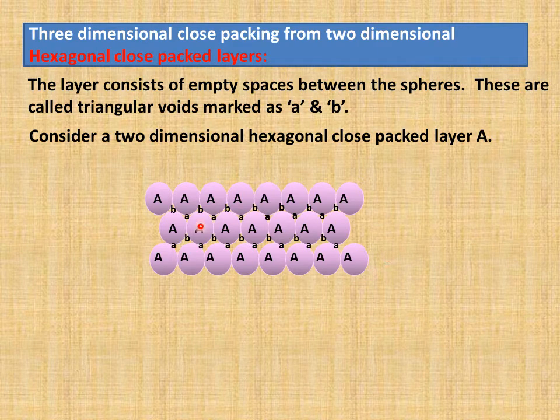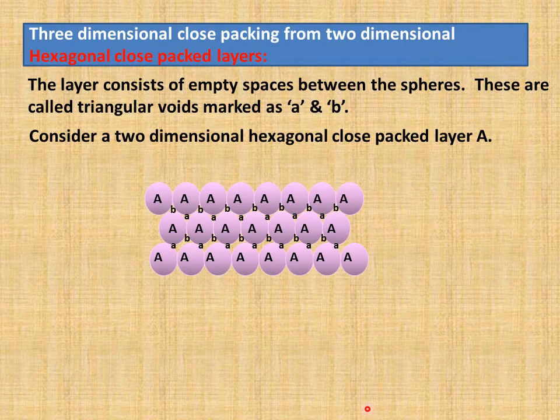So by arranging spheres in a hexagonal close packed manner, we obtain triangular voids in which the apexes are arranged in opposite directions, students. Now what should be imagined? This forms the first layer.